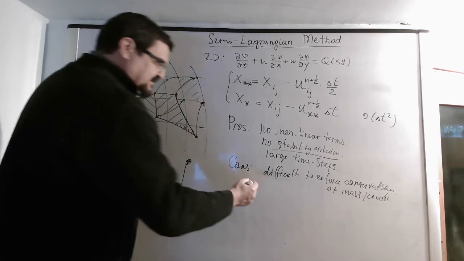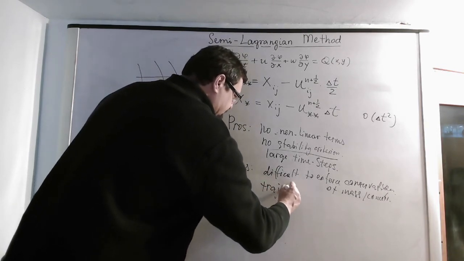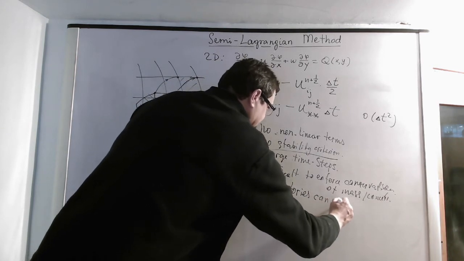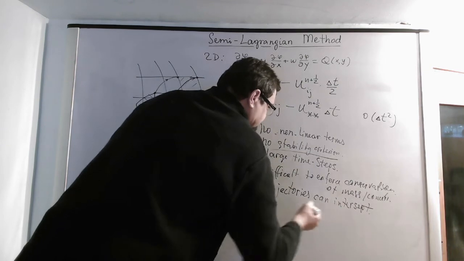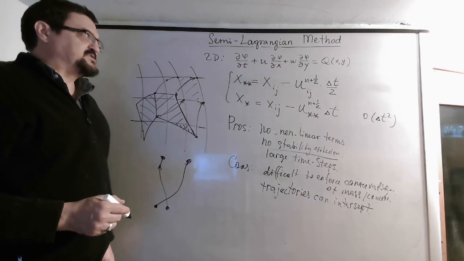So basically that's another con, that trajectories can intersect, which can be an undesirable feature of the semi-Lagrangian method that you use.